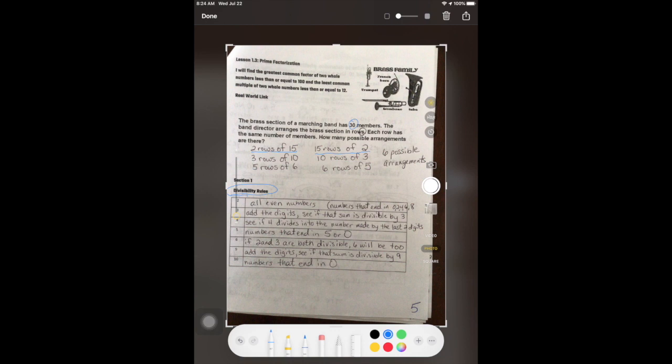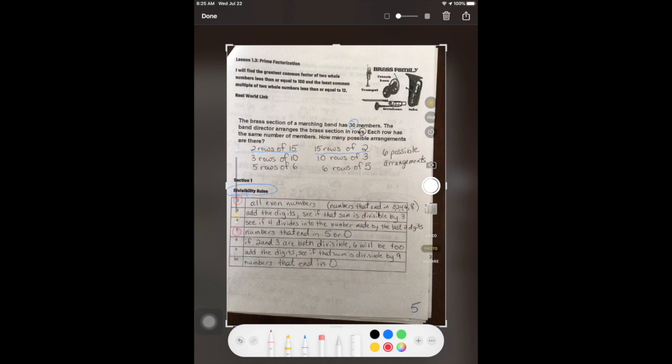2 will divide into all even numbers. And remember, even numbers are numbers that end in 0, 2, 4, 6, or 8. If I go to the 5 rule, that's another one that talks about endings of numbers.